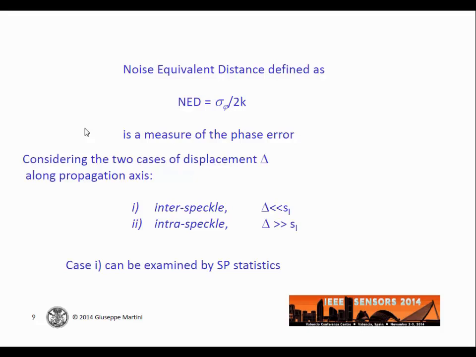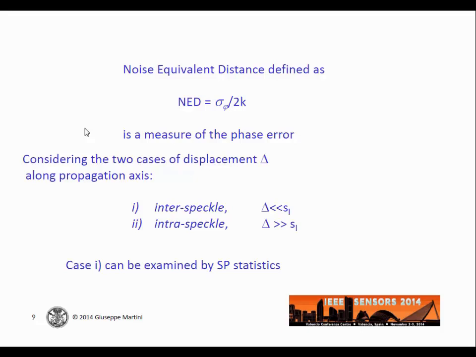And we can divide the analysis of the phase error due to speckle pattern into two groups. We can first speak about intraspeckle error, that is when your displacement is within a speckle size, or interspeckle error when your displacement is greater than your speckle size.